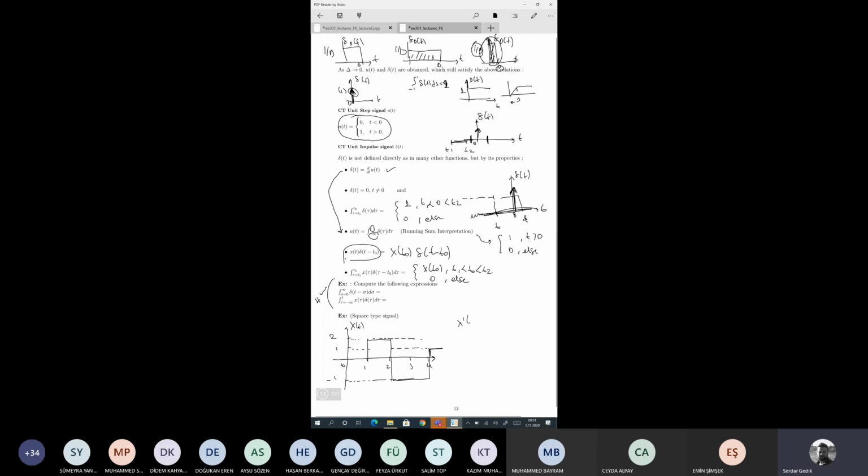What about x prime of t? If you take the derivative with respect to t, then this is what you get. Well, the signal is 0 in the interval 0 to 1. Then there's a sudden jump, right?